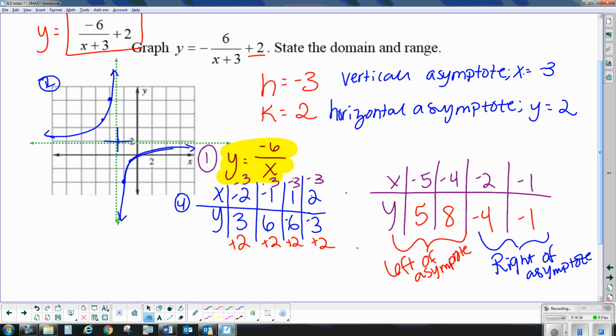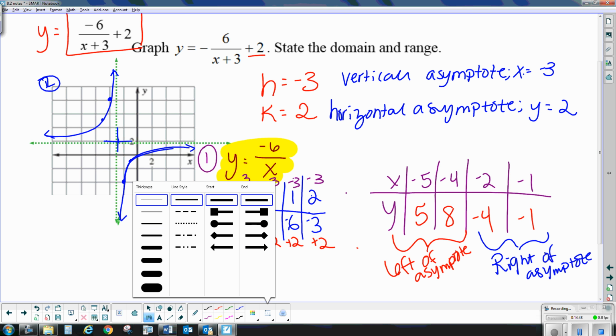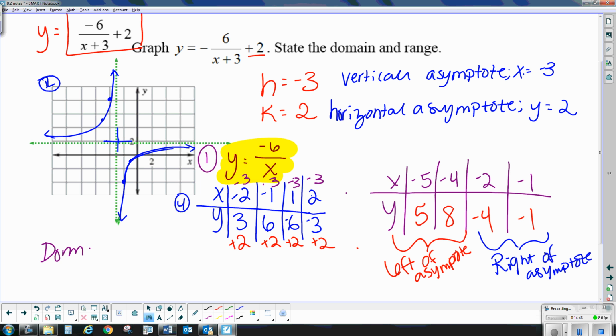So x equals negative 3 is our vertical asymptote. That is the one x value that's restricted from our domain. So the domain is x not equal to h, which means x does not equal negative 3. So that's your domain.